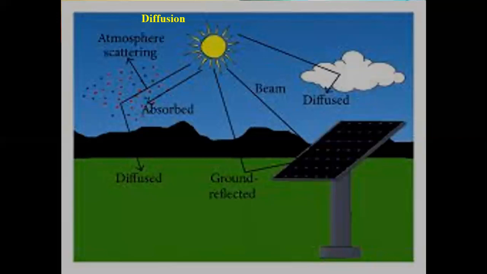It is on account of the loss of blue light by scattering from the beam illuminating the cloud. The picture on the screen discloses diffusion by the clouds and also by the particles present in the atmosphere.